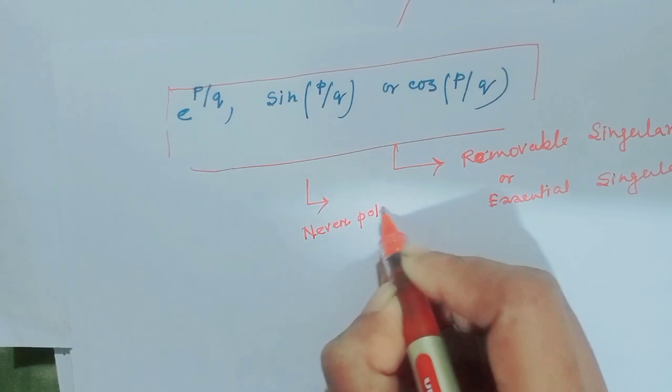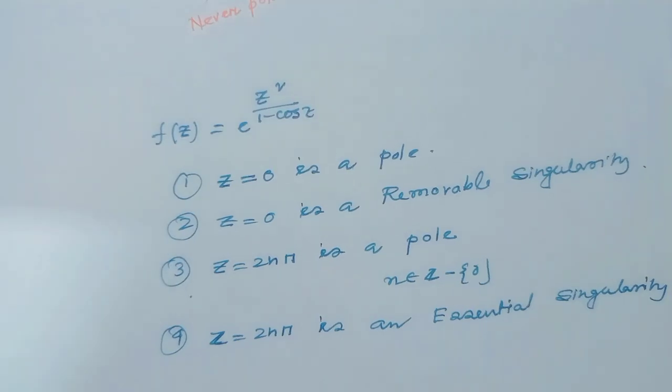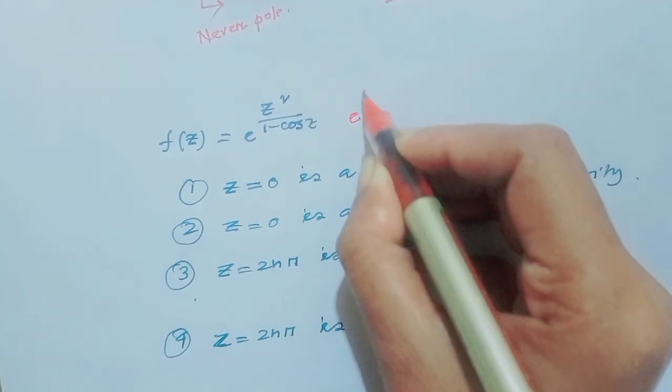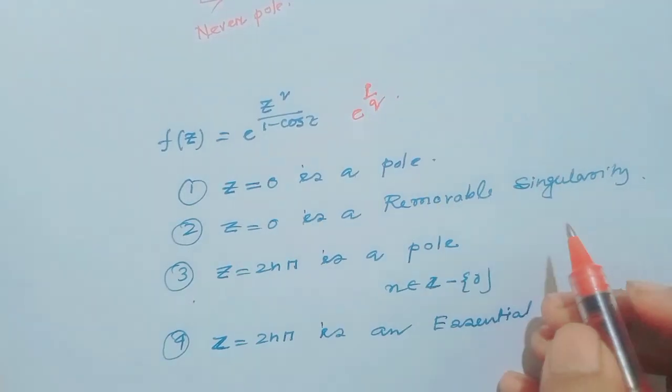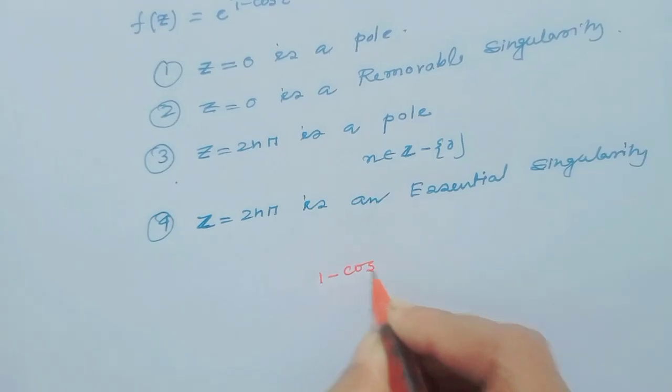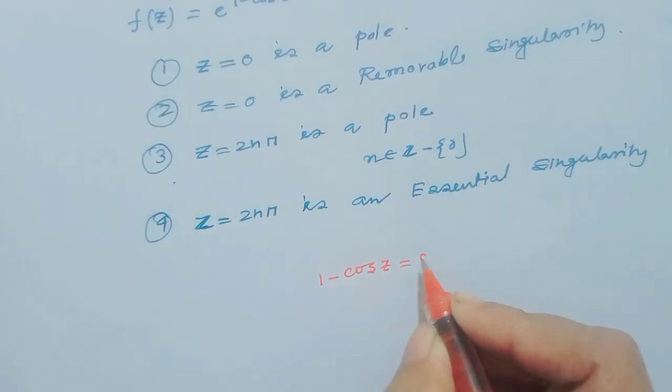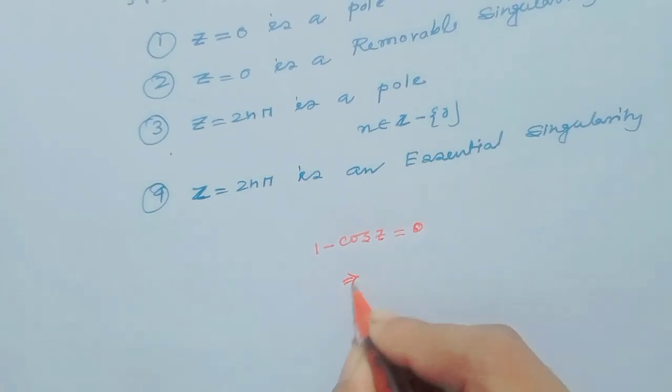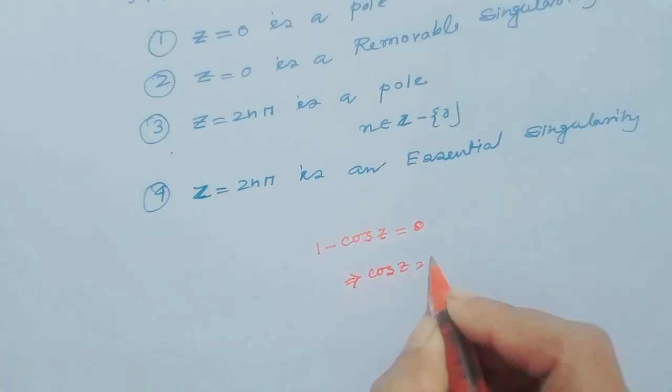As for example, notice here e to the power z square over 1 minus cos z. This looks like e to the power p over q, and 1 minus cos z is not defined when cos z equal to 1.